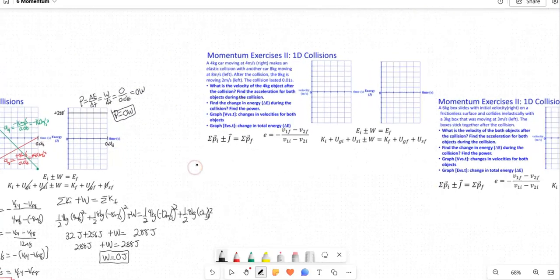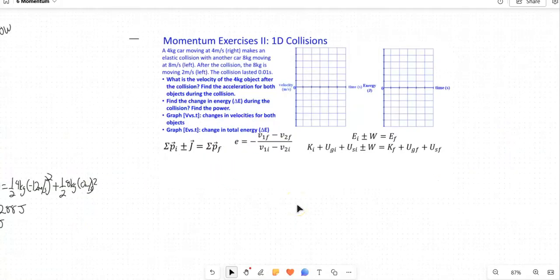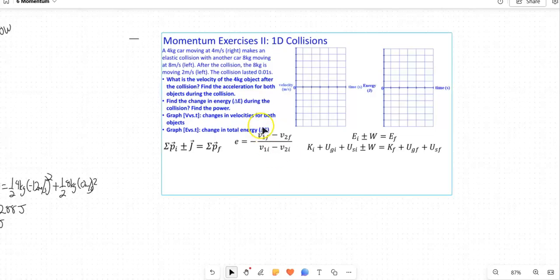Okay. Let's do another problem. I'm going to clean this up. Hold on. All right, here is the next problem. You have a car moving to the right at 4 meters per second. So in fact, this is the same problem that we just did, except in this case you are not given that it is a perfectly elastic collision.